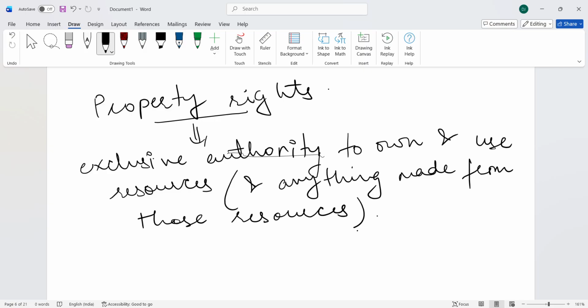So property rights are basically the exclusive authority that you have to own and use your resources and anything made from those resources.